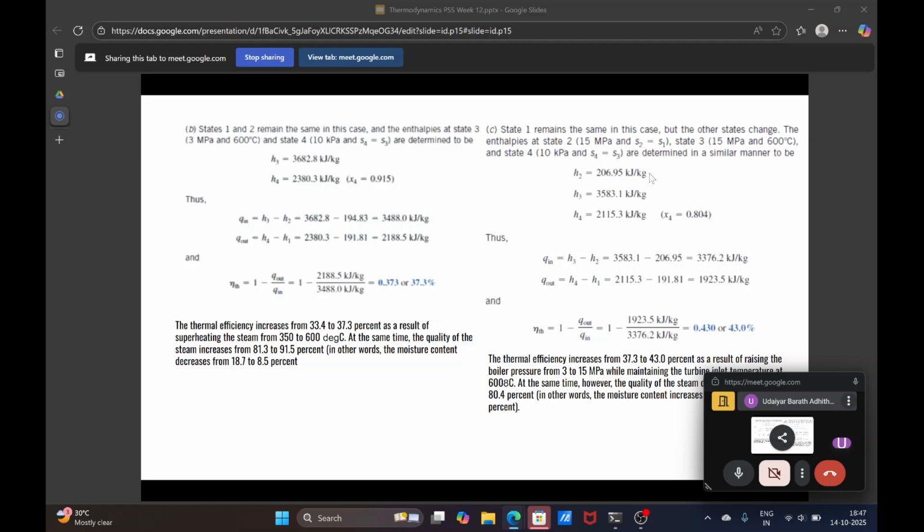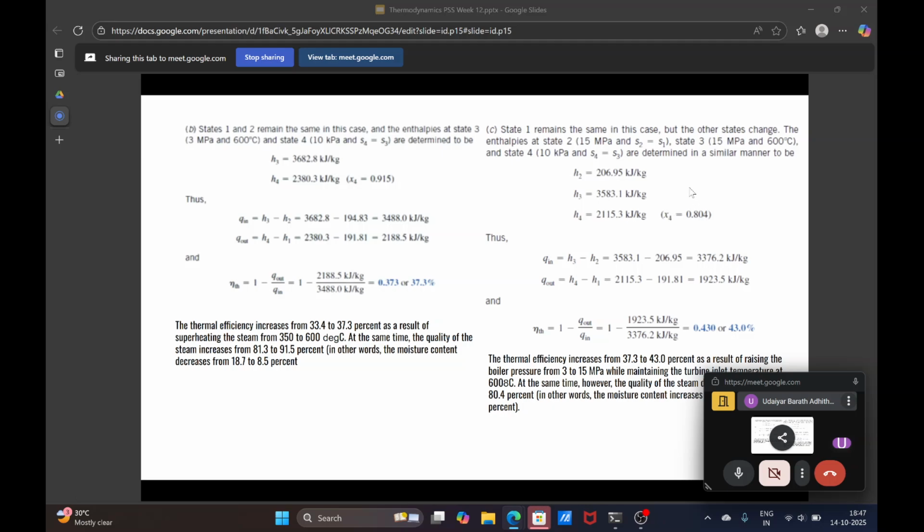206.95 kilojoule per kg, and similarly H3 is 15 megapascal and 600 degrees Celsius. So in this case the enthalpy is 3583.1 kilojoule per kg, and H4 is 2115.3 kilojoule per kg.